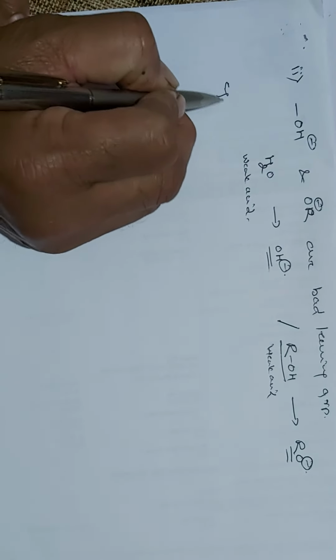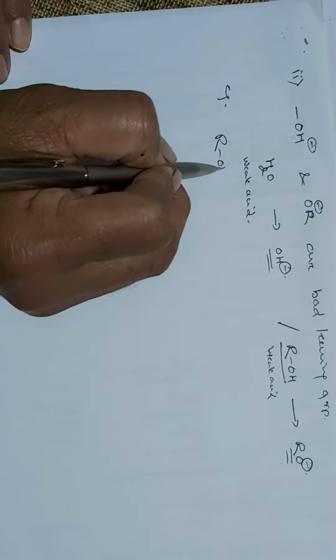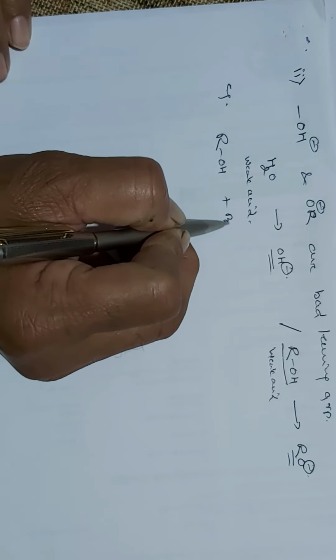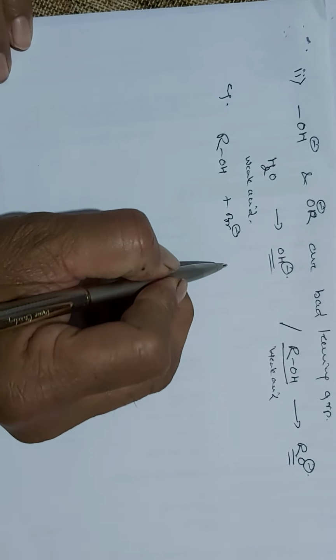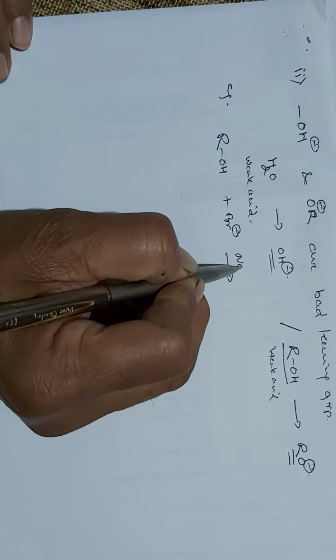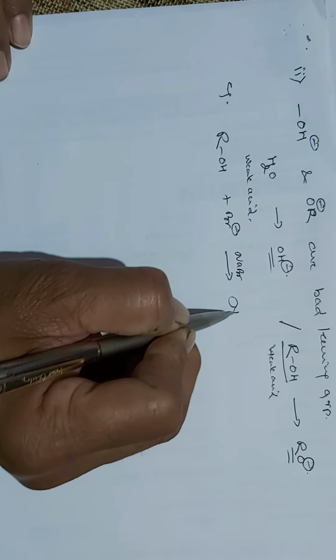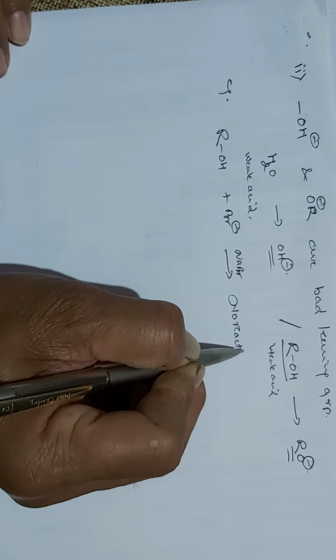For example, the alcohol ROH on reaction with bromide in the presence of NaBr gives no reaction.